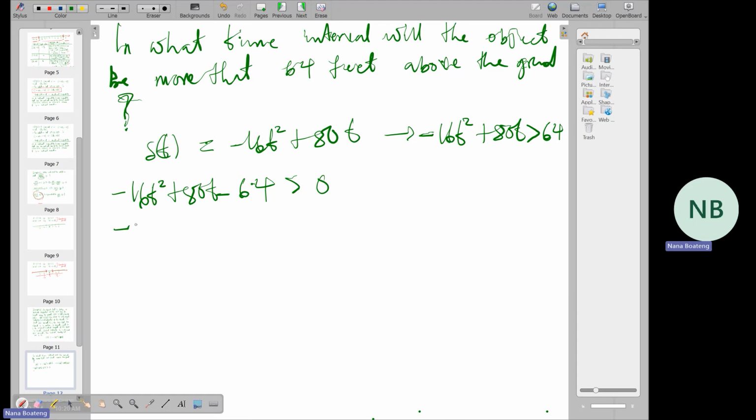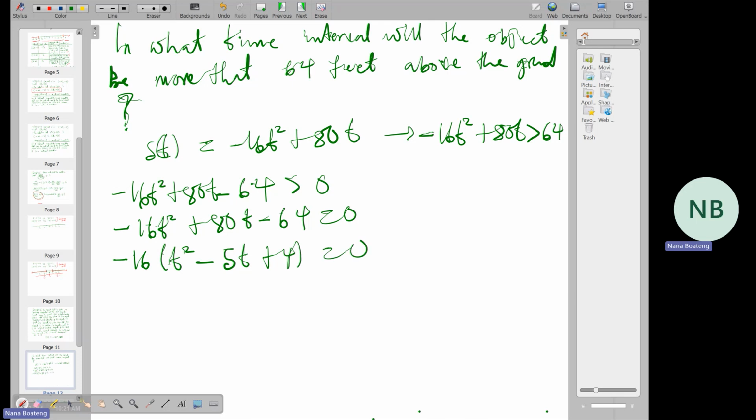Negative 16 times t squared, minus 5t, plus 4, equal to 0.